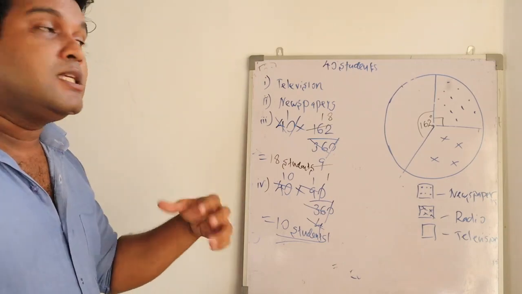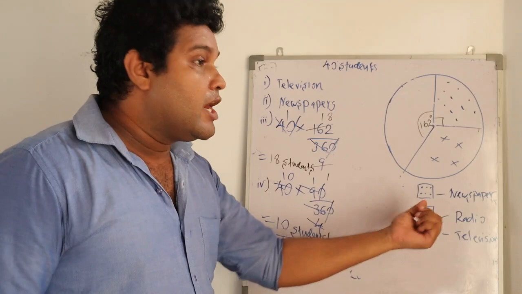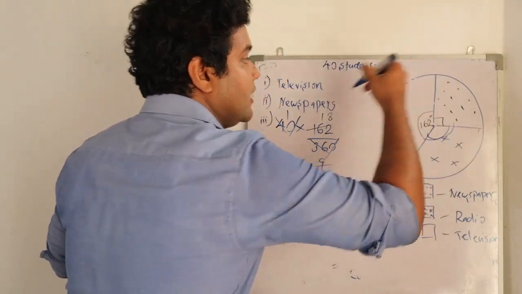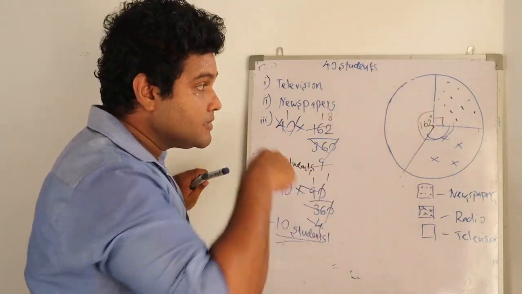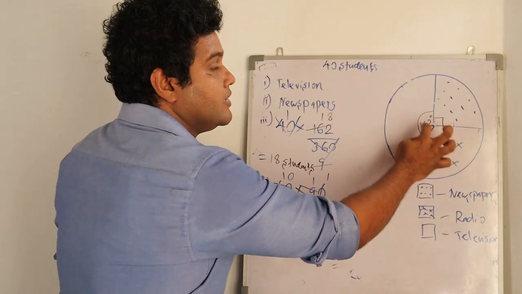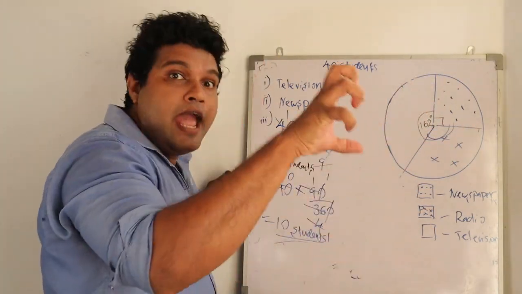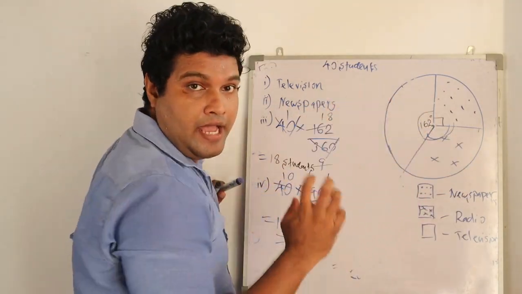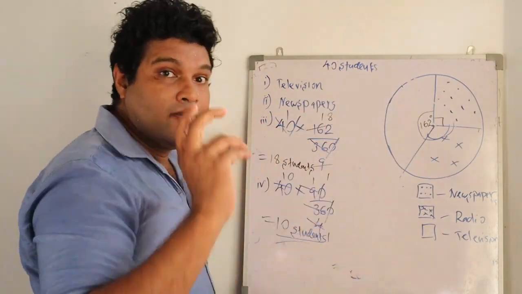If the question asks to find the students who prefer the radio, how do we find that? There must be the relevant angle. How can we get the angle? We have to use the 360, and by adding 90 with this 162, we find an angle. That angle should be subtracted from 360 to find the remaining angle. After having this angle magnitude, we have to make the fraction.